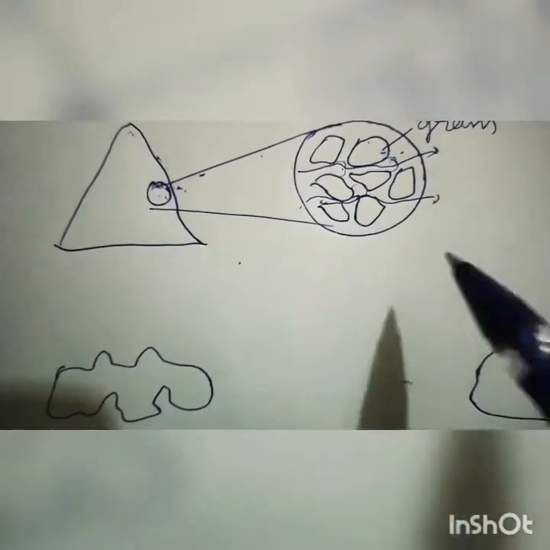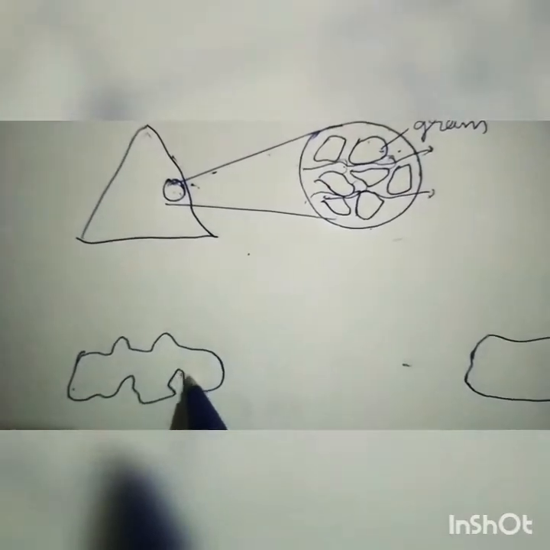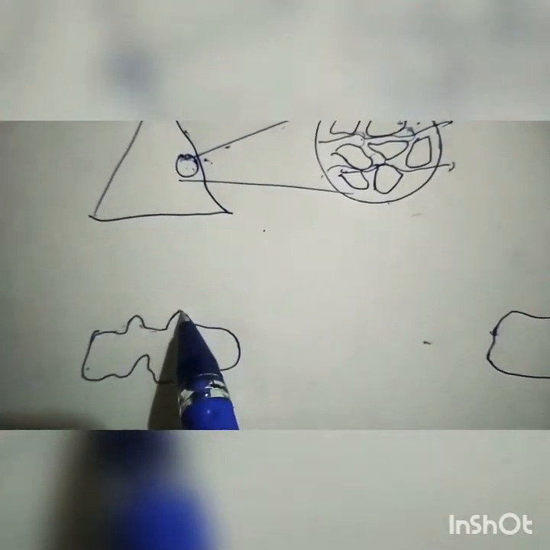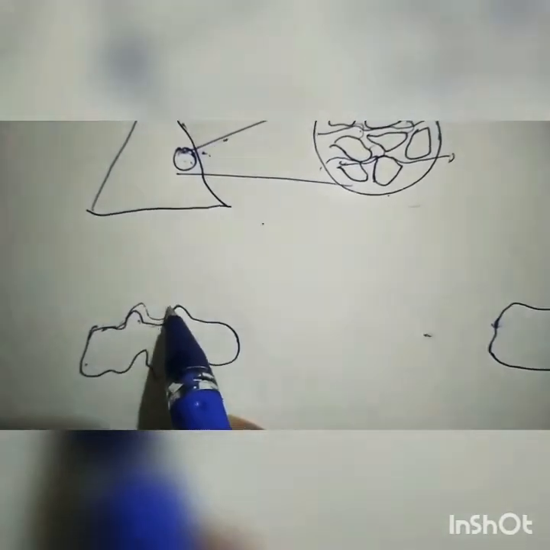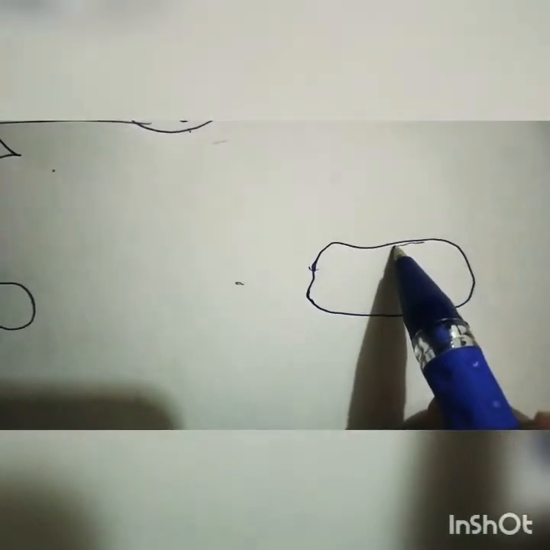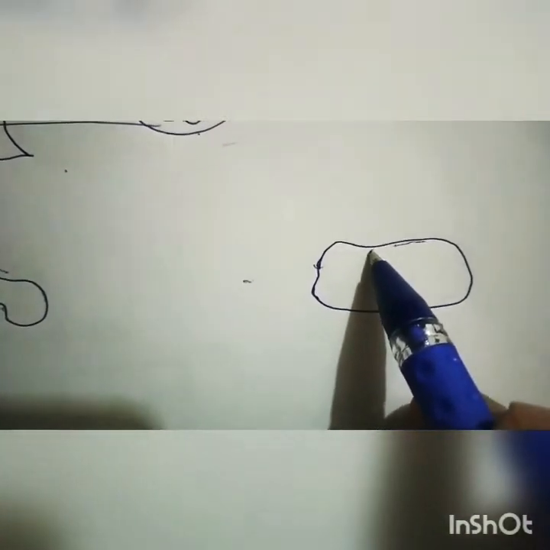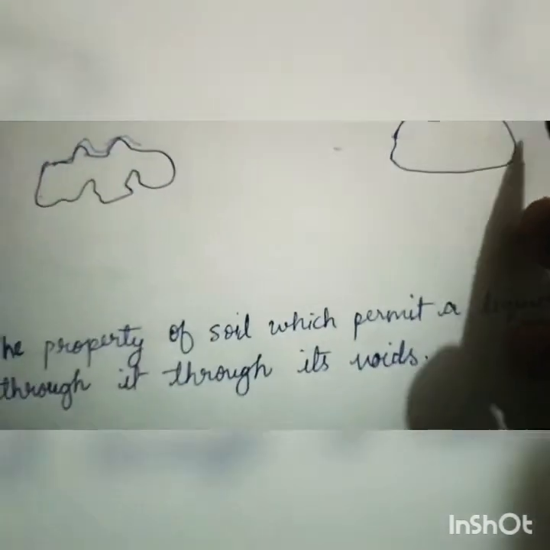So there are two types of soil grains. First, it is very irregular and very narrow, so this will provide very high resistance to the water which is going to flow this way. Second, it is very regular and open, so the water will easily flow through it.